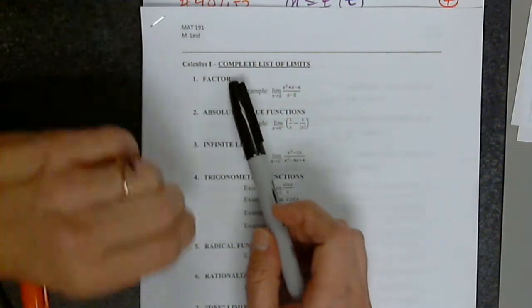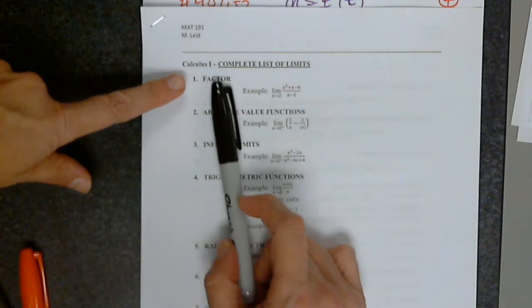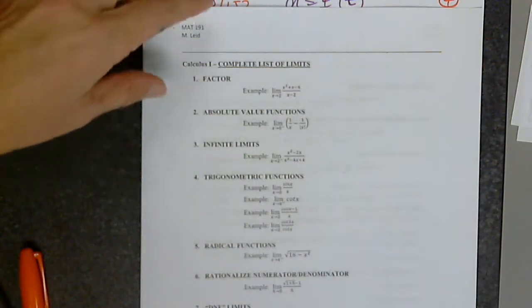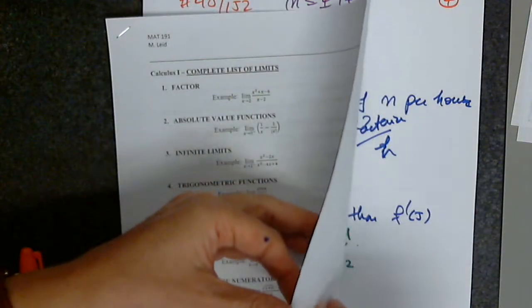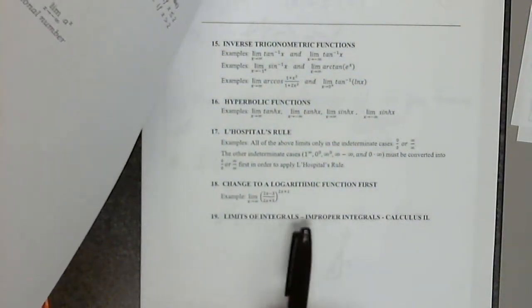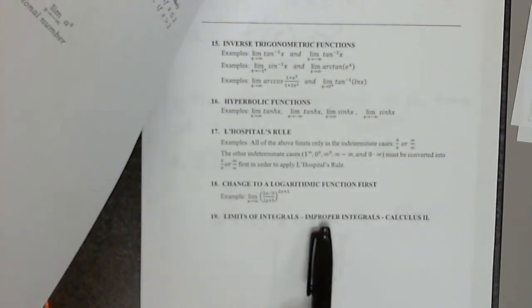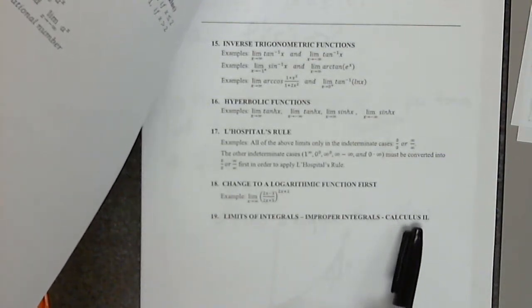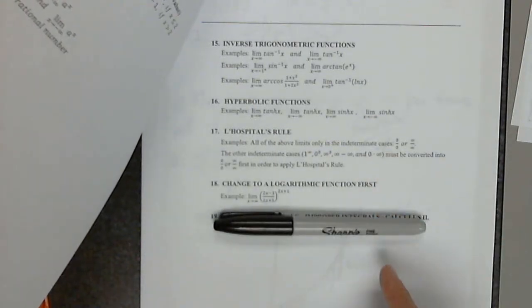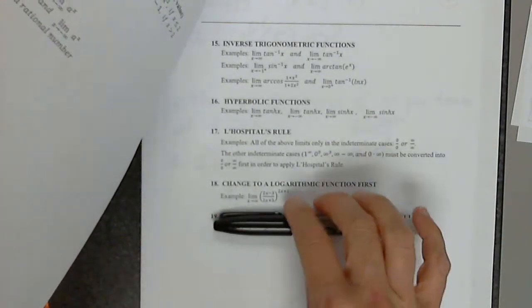So I created this document. In Calculus 1, we really look at all these. And the list continues, but I had to stop with limits of integrals, which is improper integrals, actually, which is Calc 2. So our Calculus 1 ends here with number 18. Beyond this is going to be Calculus 2.